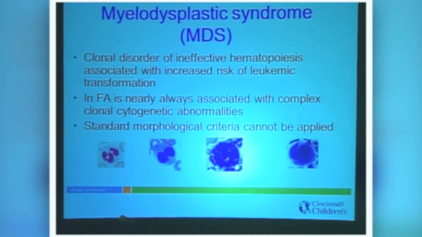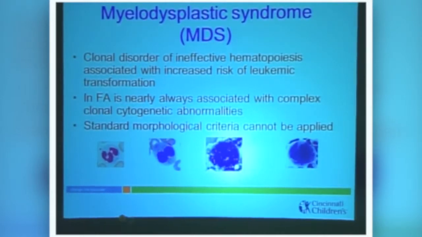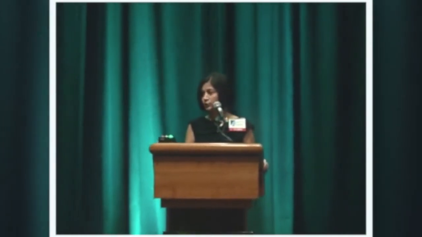It's important to note that patients with FA at baseline do not have bone marrow that looks completely normal. So when we have a patient's marrow being evaluated, it's important that a pathologist who is used to seeing marrows from congenital marrow failure syndromes looks at it. Otherwise, outside pathologists will call it. We've seen patients where pathologists who haven't seen many congenital marrow failure syndromes have called it MDS.